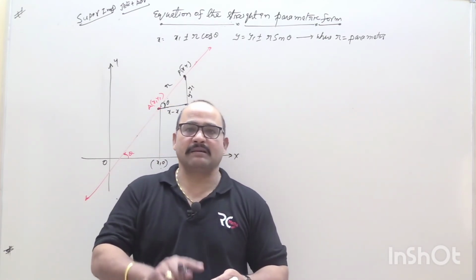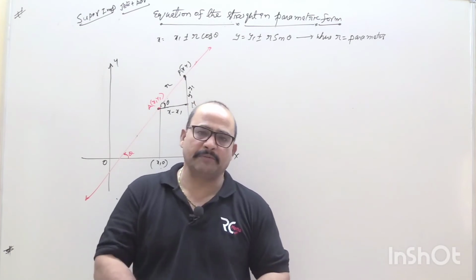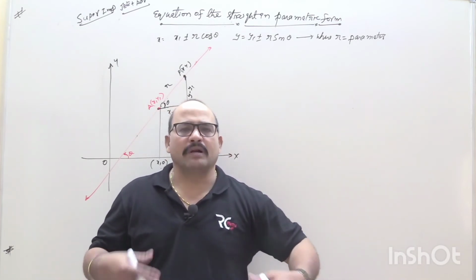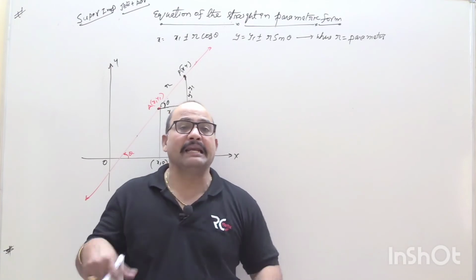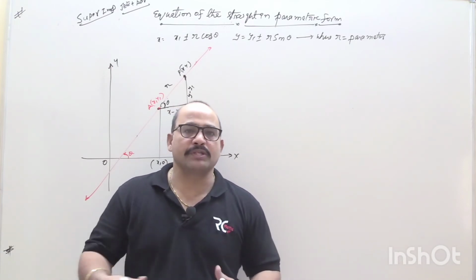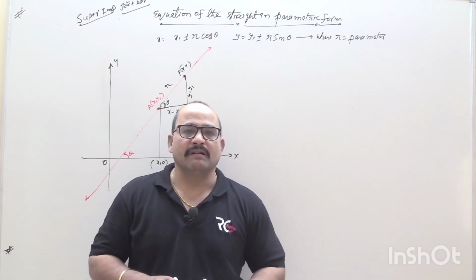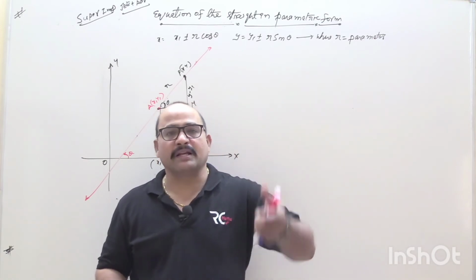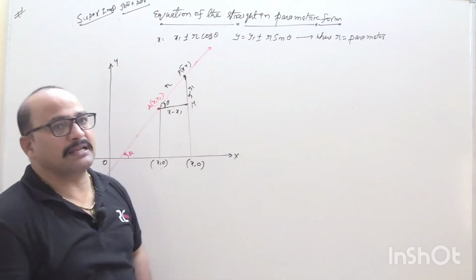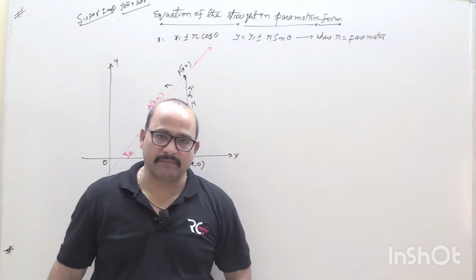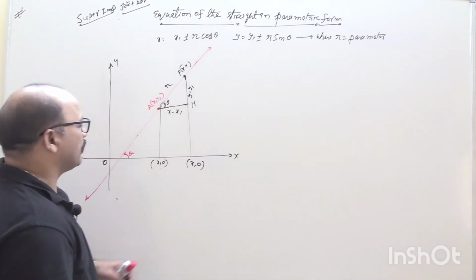Even circle, parabola, hyperbola, ellipse all have parametric forms. Whenever we need a point on the curve, we use the parametric system. It is a big learning point.